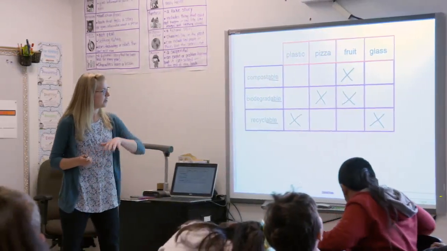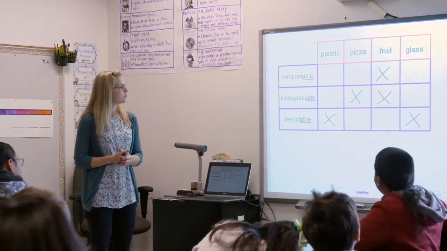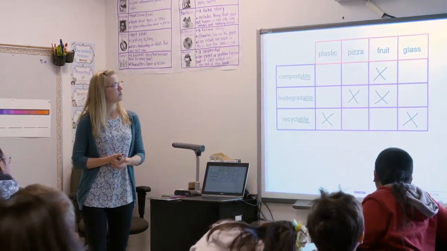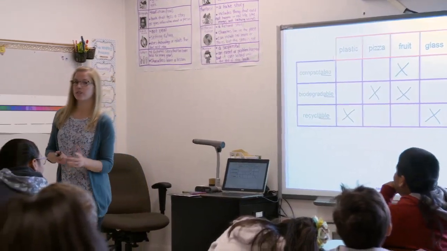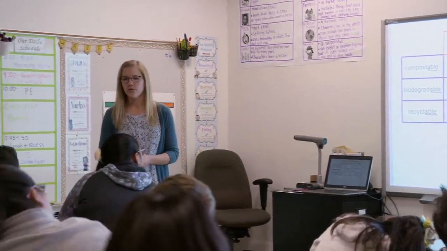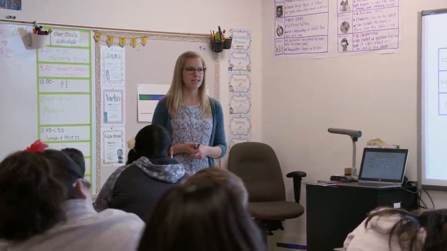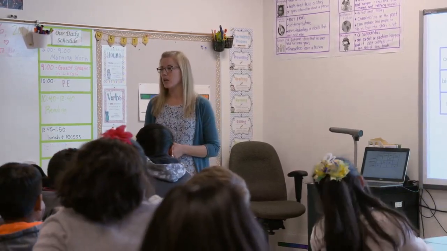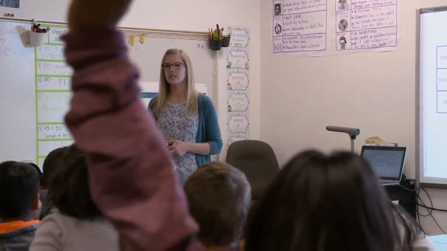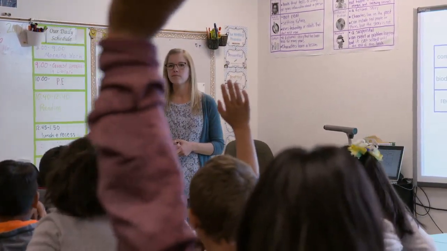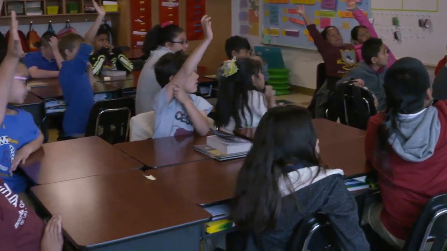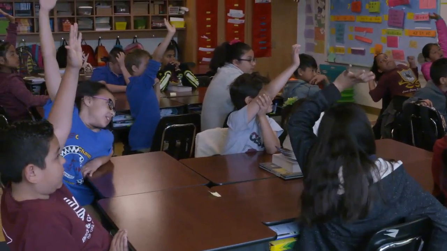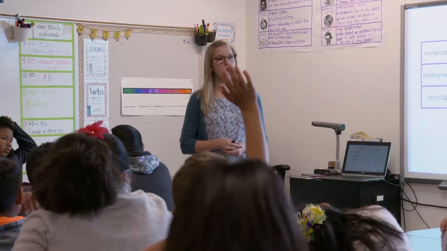Okay, so we've finished filling in our chart. So who can tell me, raise your hand if you have this answer, who can raise their hand and tell me what plastic and glass have in common? How are they similar? They were made by hand. Okay.